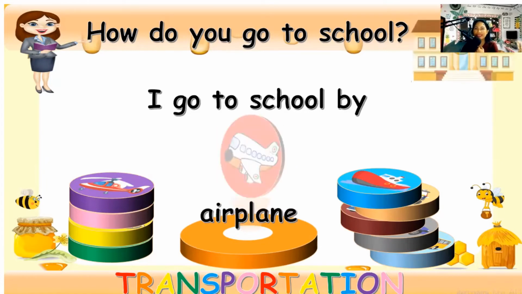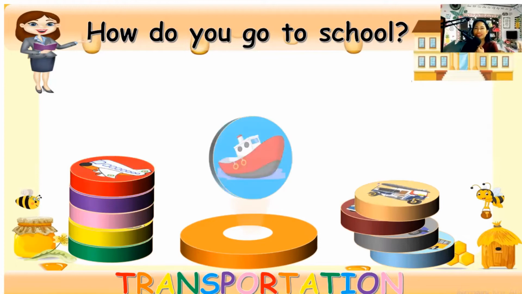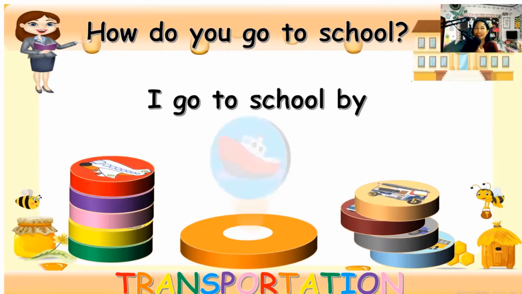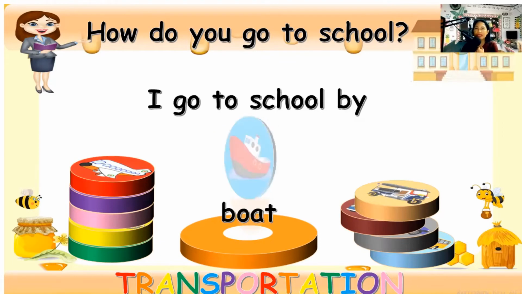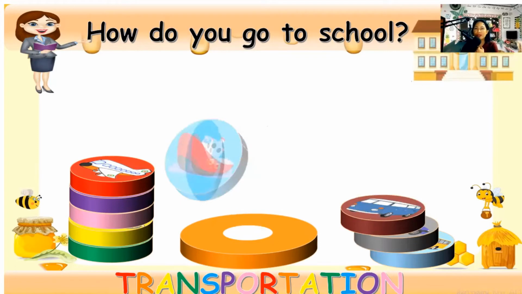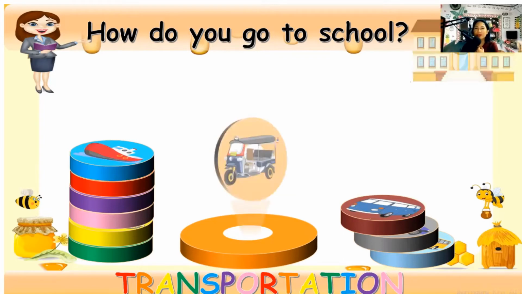Airplane. How do you go to school? I go to school by boat. Boat. Okay, maybe you're living in the island and you need to cross to the city. Then you need to use a boat. How do you go to school?